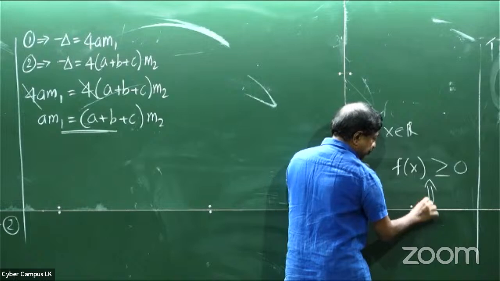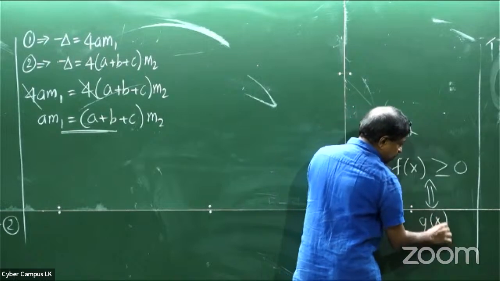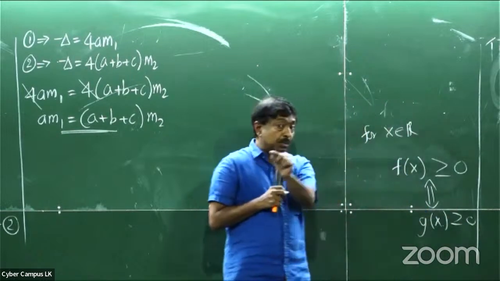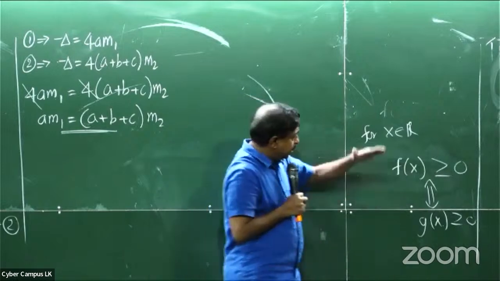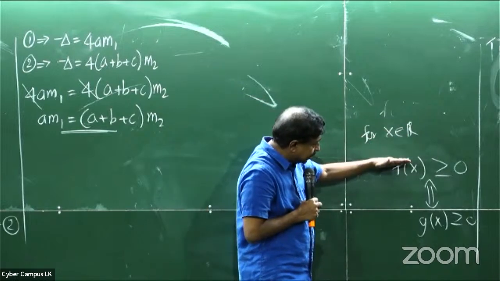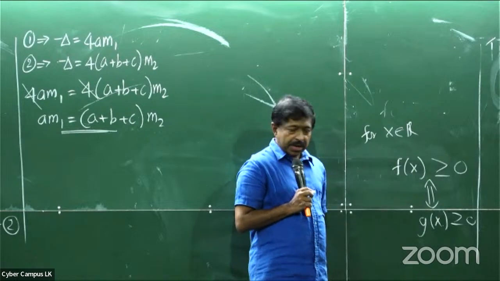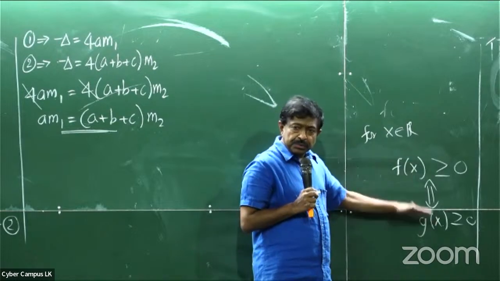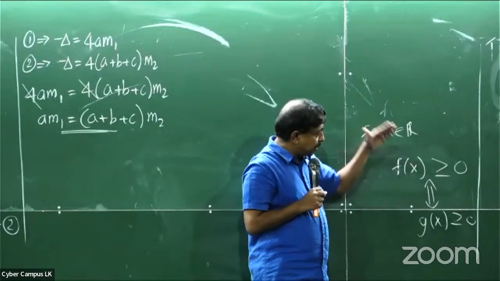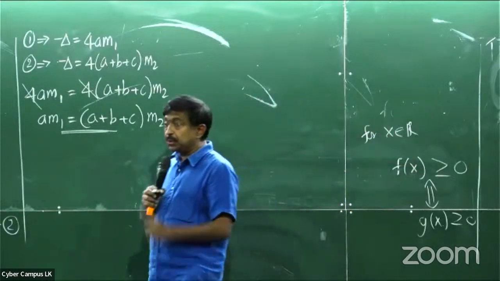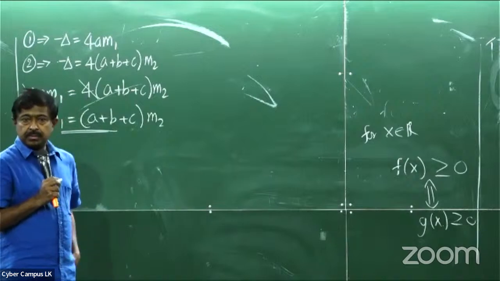If and only if means you have to show both directions. If f(x) is greater than 0, you have to show that g(x) is greater than or equal to 0. And if g(x) is greater than or equal to 0, you have to show that f(x) is also greater than or equal to 0. How can you do that?